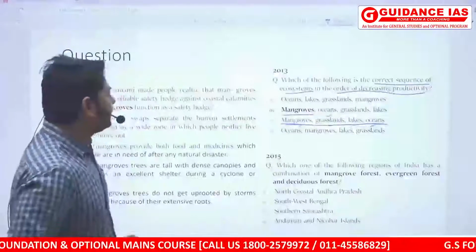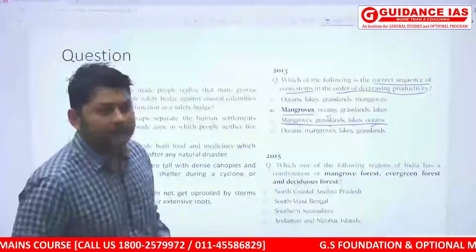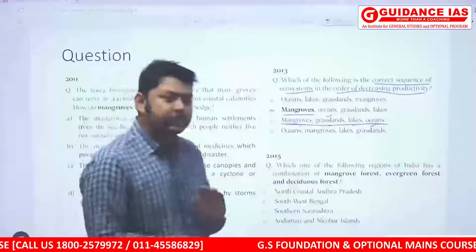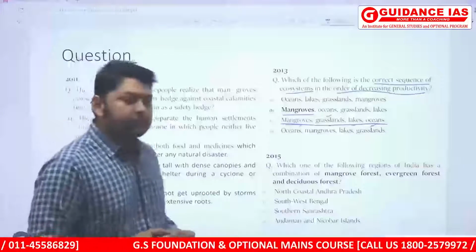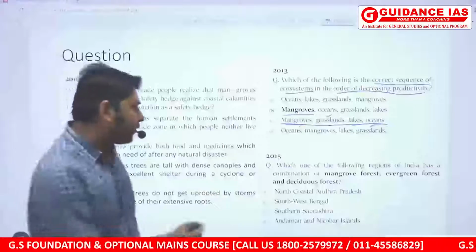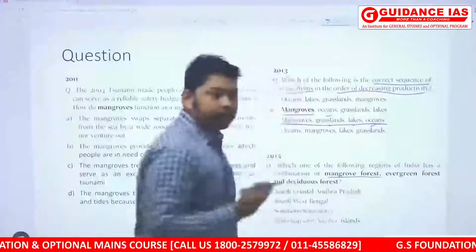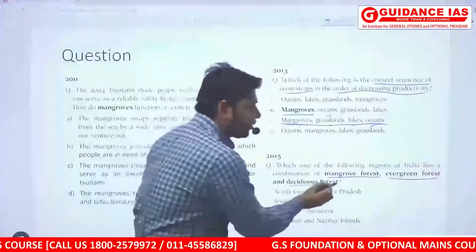Okay, so the next question is from 2015. Here UPSC has changed its approach again. Now it is asking which one of the following regions of India has a combination of mangrove forest, evergreen forest and deciduous forest.